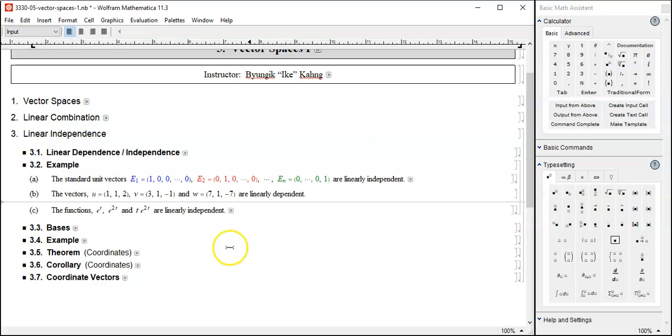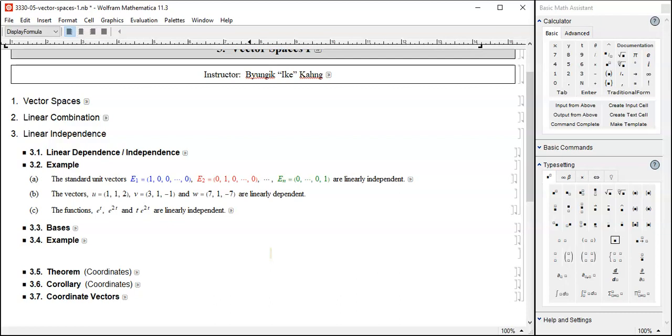Let's set it up. So x u, so 1, 1, 2, plus y v, 3, 1, negative 1, plus z w, 7, 1, negative 7, is 0, 0, 0.